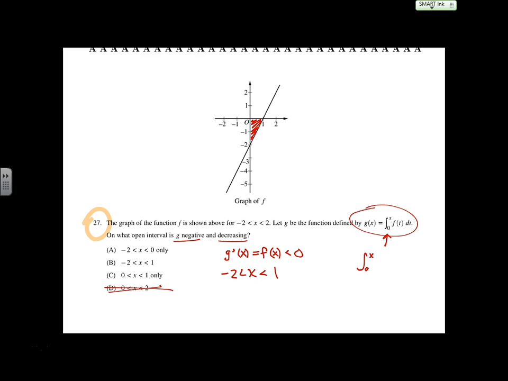So the integral from 0 to x of f of t dt is going to be less than 0 for x within 0 to 1, open. Because you're moving the normal direction, from left to right, lower bound to upper bound, and it's below.